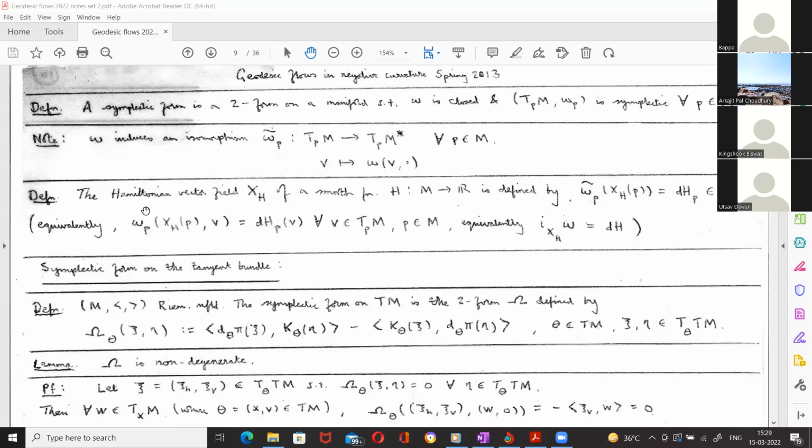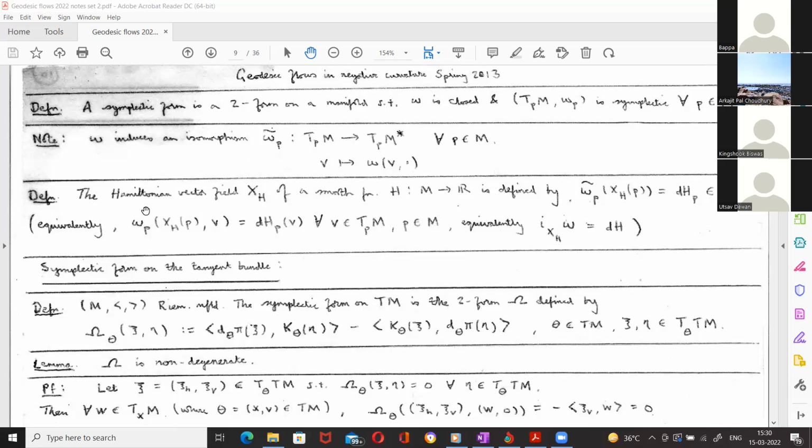At each point, if f is a smooth function, df at p is an element of TpM star, a linear function from TpM to R. So using this isomorphism, df at p corresponds to a vector. If you use the Riemannian inner product, it corresponded to a vector which we call the gradient vector, right?